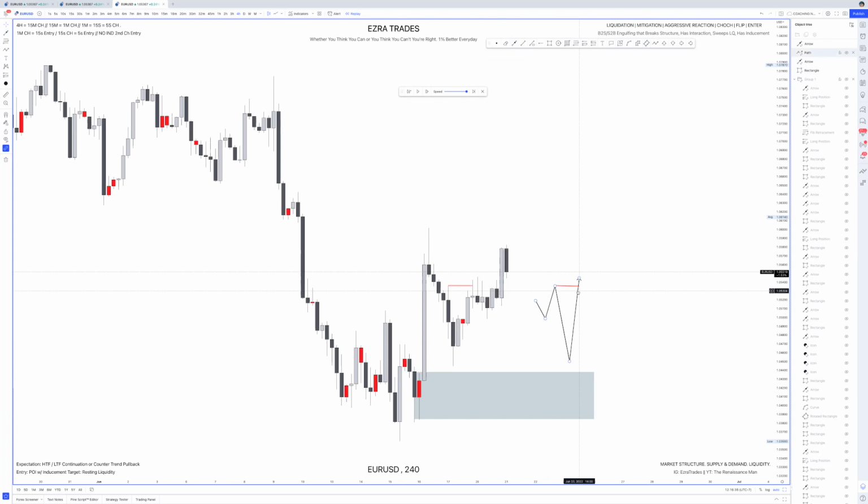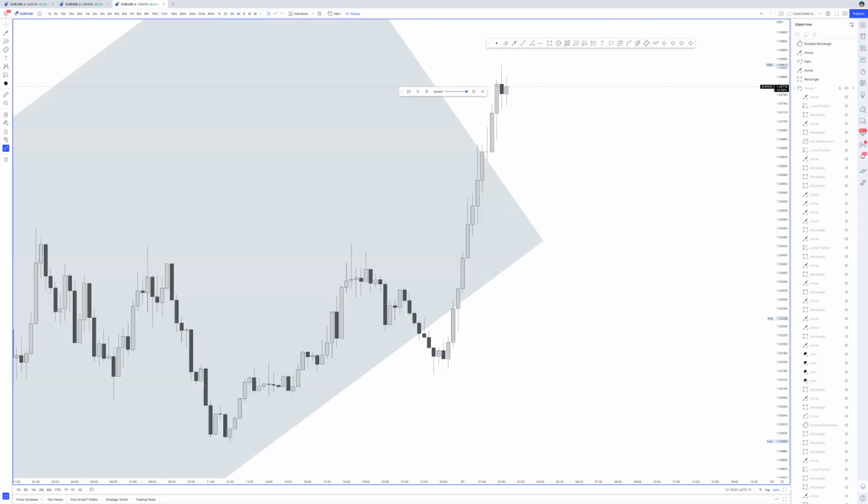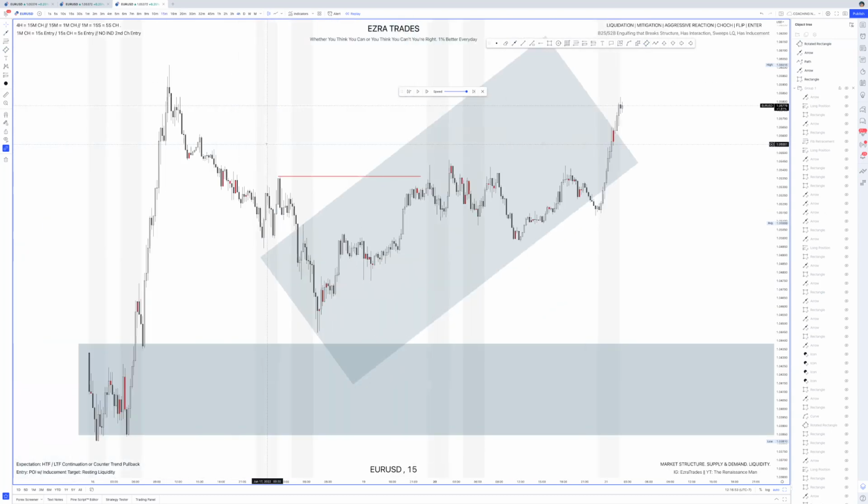So what that does is that now tells us that the 4-hour, even without tapping the POI that we wanted to, is bullish. And so at this moment, I can assume that 4-hour order flow is going to be bullish until it fails, right? Does that make sense?